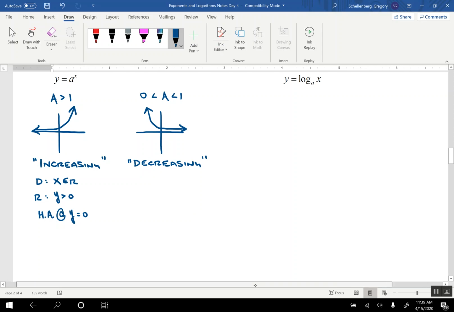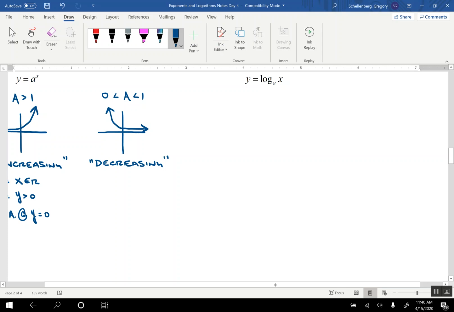Okay, so we've got y equals log base a of x. Well, let's look at what happens if our base a is greater than 1. Okay, so we've looked at an example of that, and it looks something like this. Well again, we would call this an increasing logarithmic function. So as x increases, the value of the function increases as well.